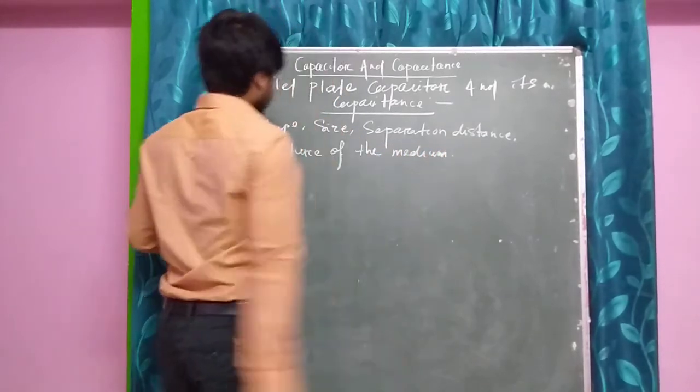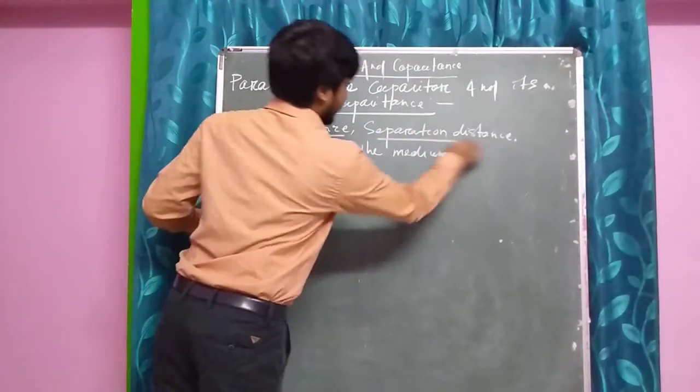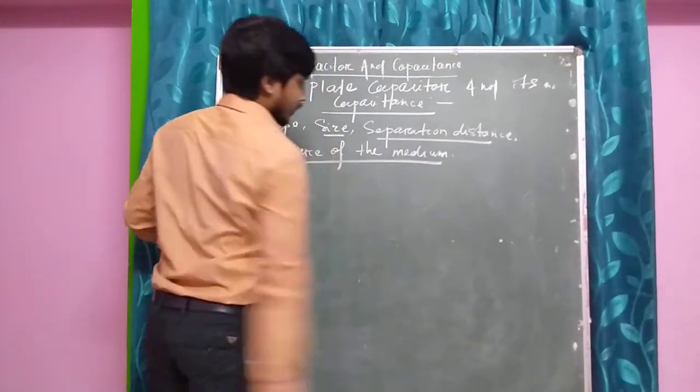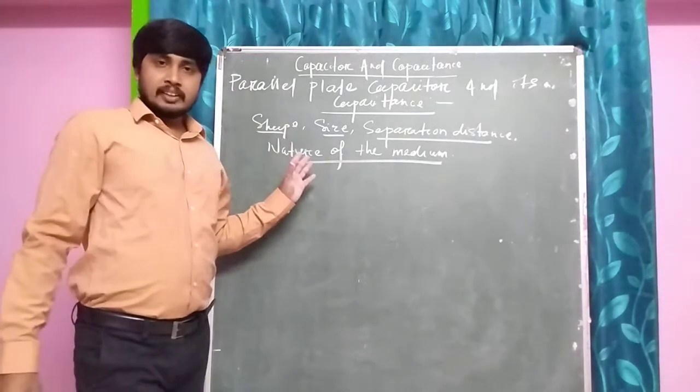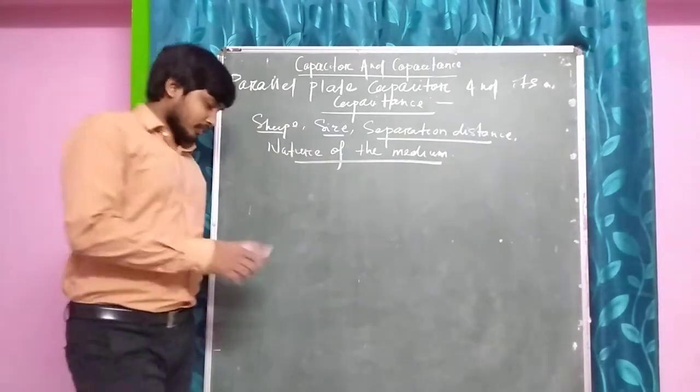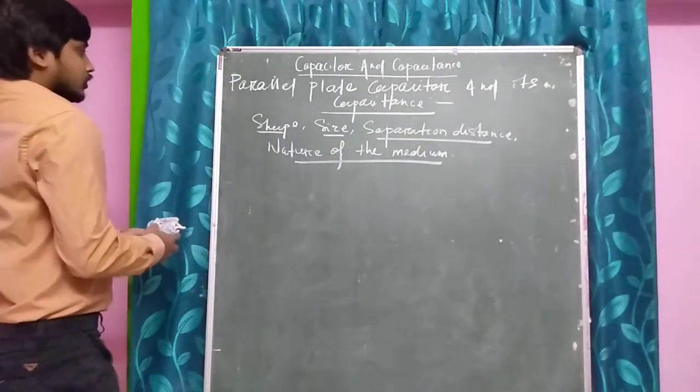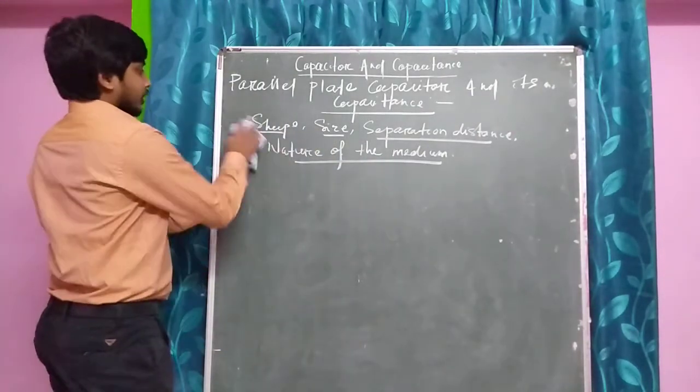So these are the factors: shape, size, separation distance, nature of the medium. Depending upon this, the capacitance of a capacitor may vary. So now we will be discussing parallel plate capacitors.